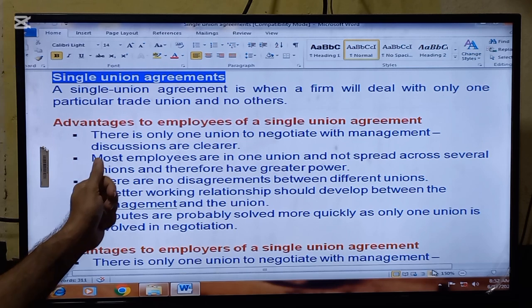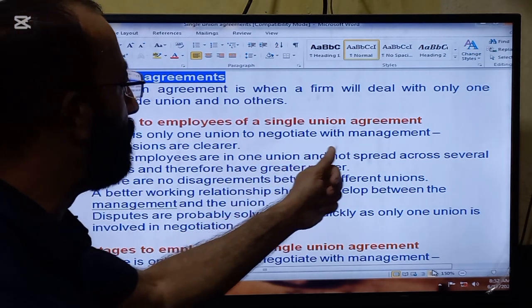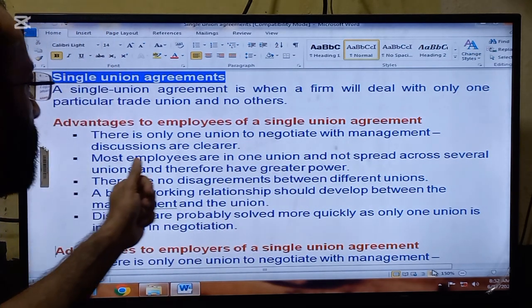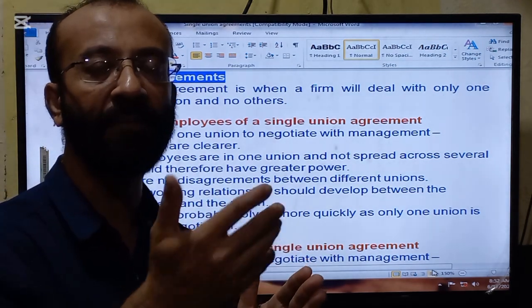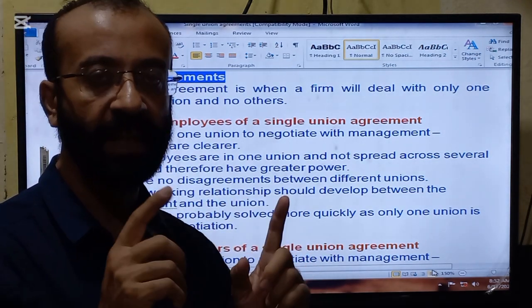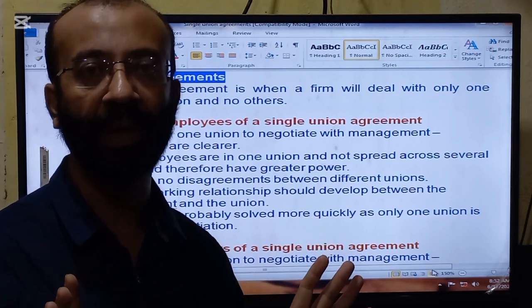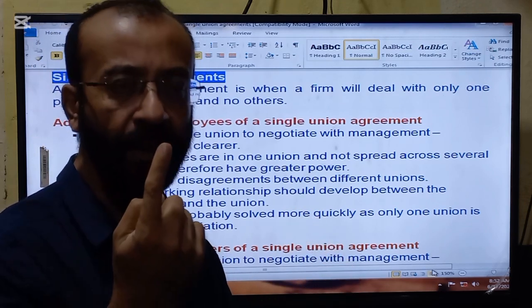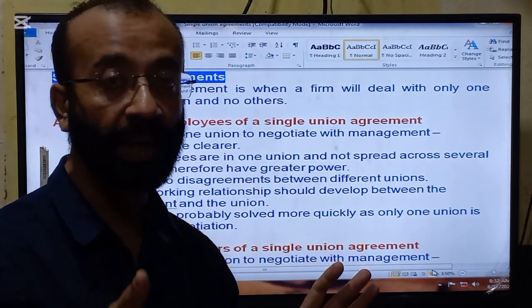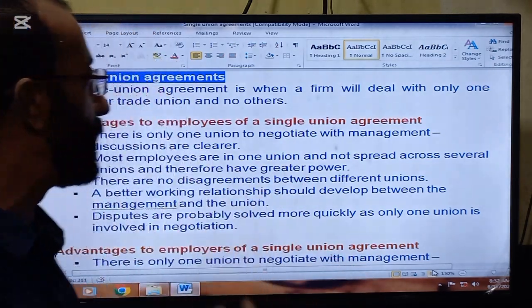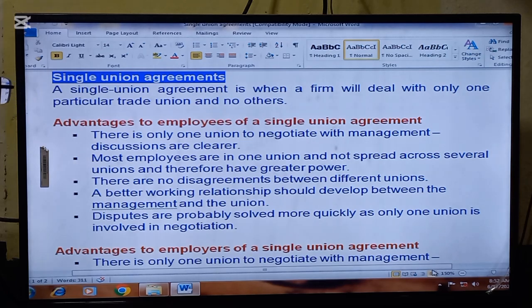Number one, there is only one union to negotiate with management. Discussions are clearer. So definitely when more persons discuss the same thing, there will be confusion. When one union negotiates with the employers, things will be clearer. So this is the first advantage to the employees.